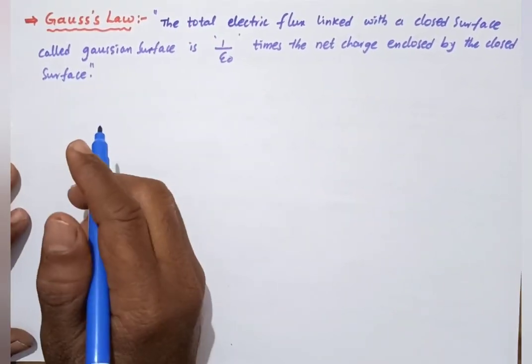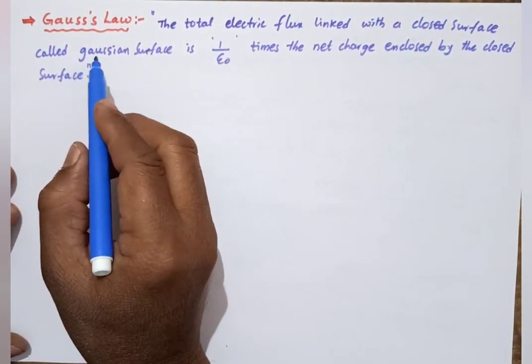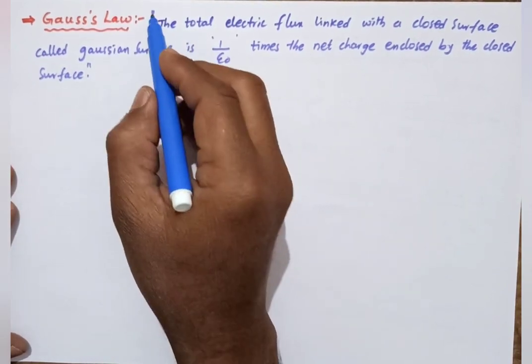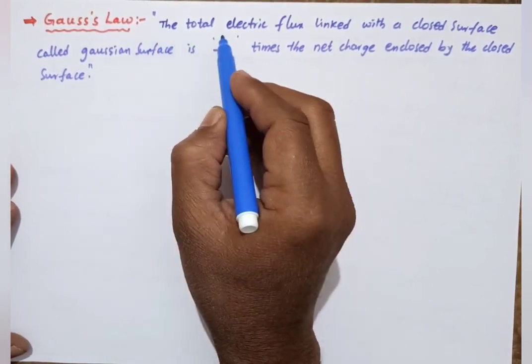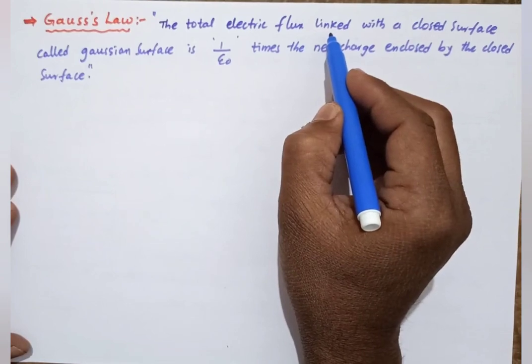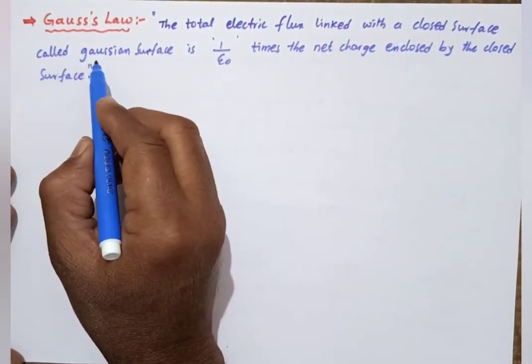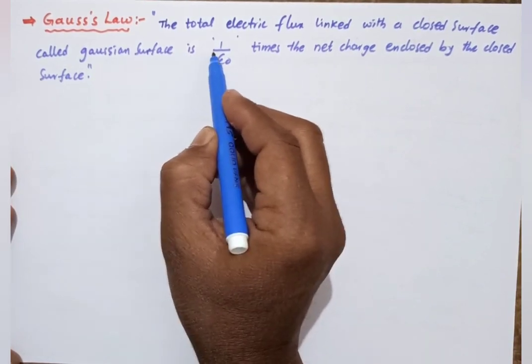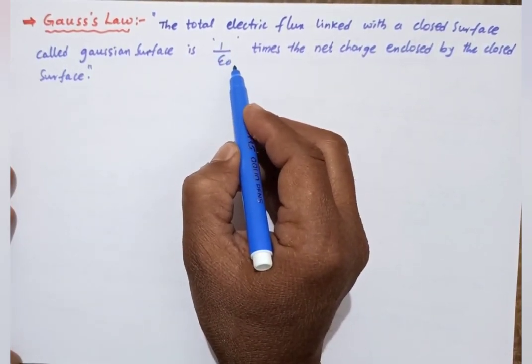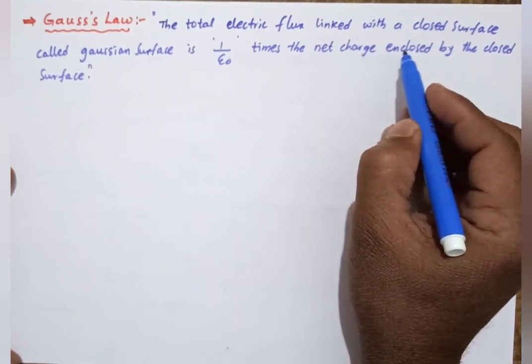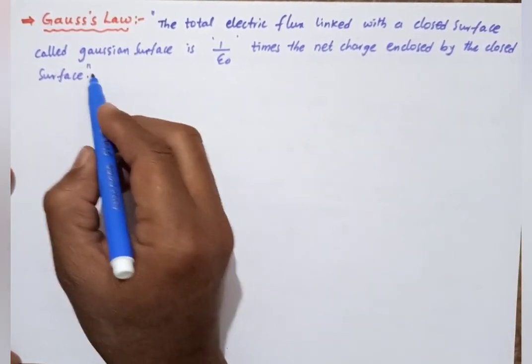So our next topic is Gauss law. Gauss law states that the total electric flux linked with a closed surface, called a Gaussian surface, is 1 by epsilon naught times the net charge enclosed by the closed surface.